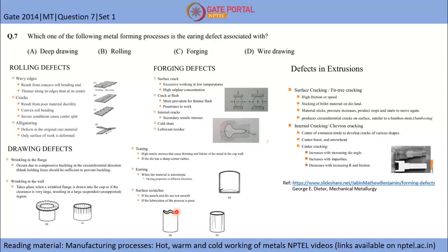This wavy nature, after you have drawn a cup using deep drawing, is represented as earring, and it is caused because the material is anisotropic. And if the punch and die are not smooth, let's say the die is rough, then surface scratches will be there which can nucleate cracks at later stages. So these are the defects associated with drawing. Hence the correct answer for this question is A, deep drawing.